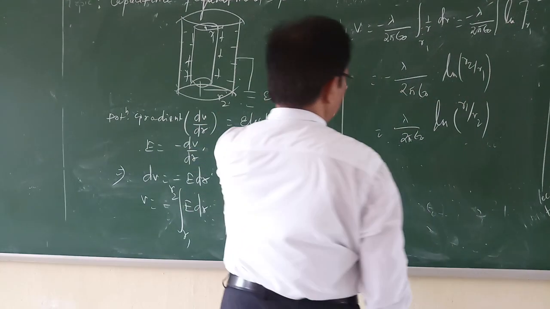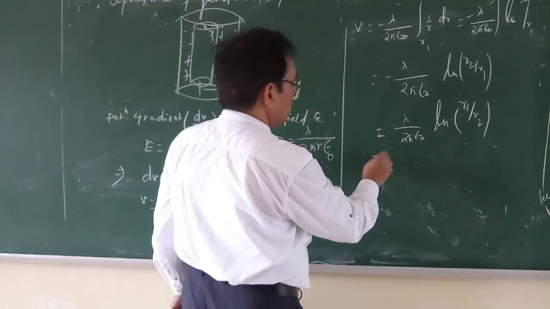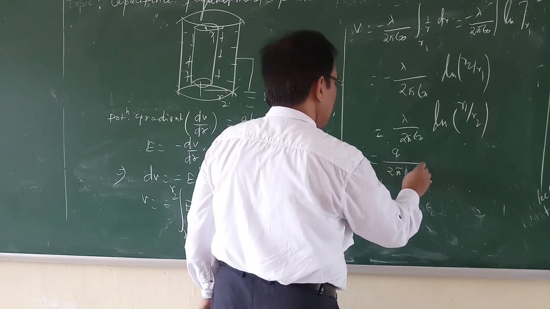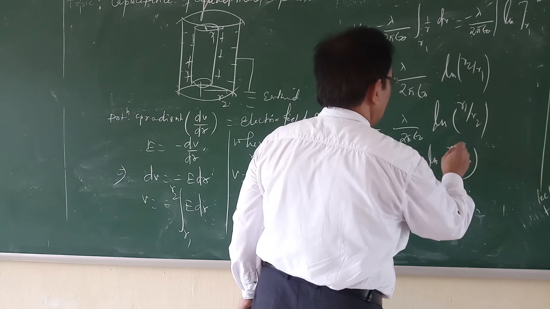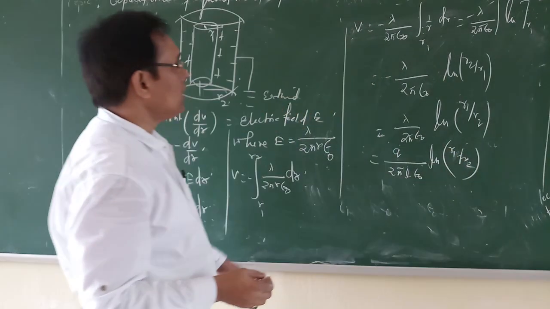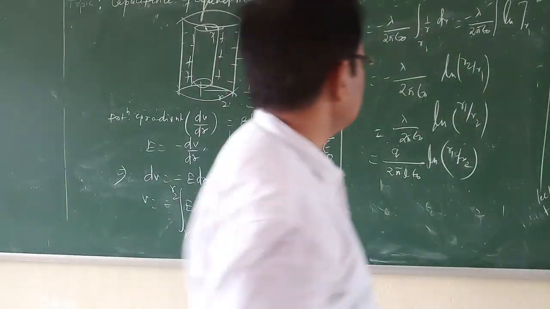So this is the potential, and after that put the value of lambda. Lambda equal to Q by L. So V equals Q by 2 pi L epsilon naught ln r1 by r2. This is the potential, and after that find the capacitance.